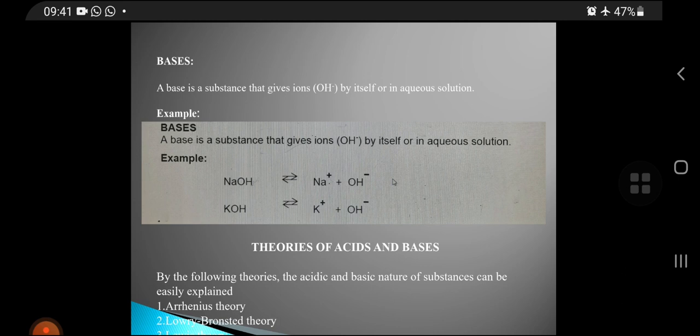Sodium hydroxide and potassium hydroxide are examples of bases, as they produce OH minus ion in aqueous solution or in water.